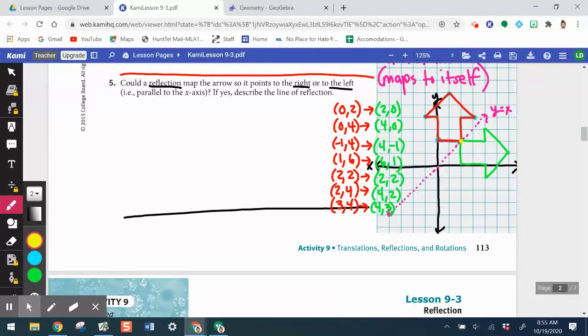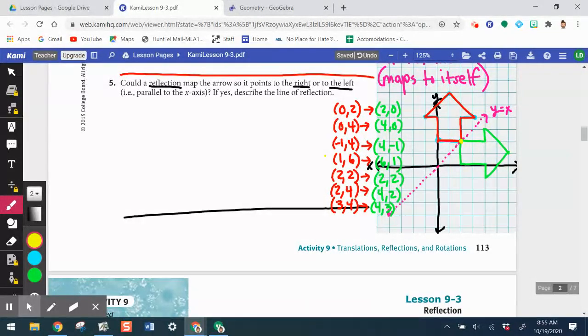So I wanted to give you an example here of what that looked like. I redrew an arrow pointing up, and so I have all the coordinates to the vertices of that arrow: (0, 2), (0, 4), (-1, 4), (1, 6), I believe that's (3, 4), (2, 4), and (2, 2). So those are the coordinates of the pre-image listed on the left.